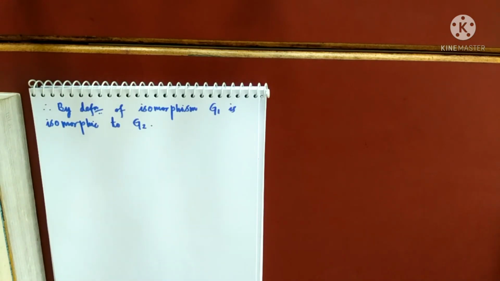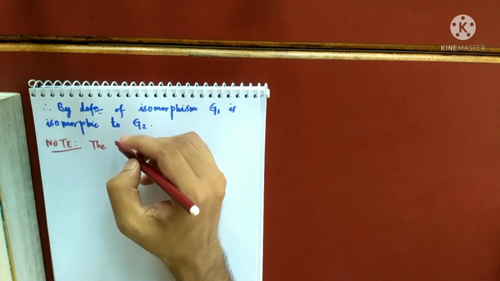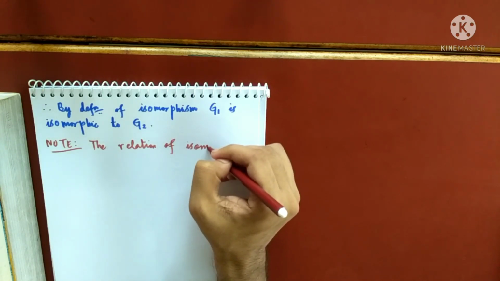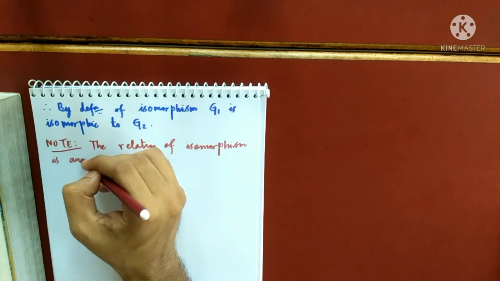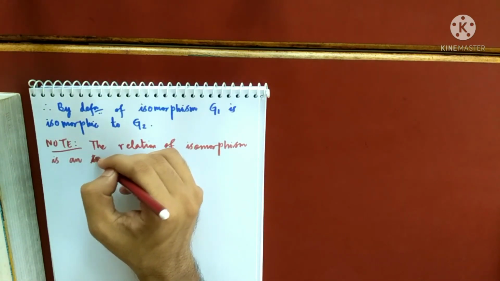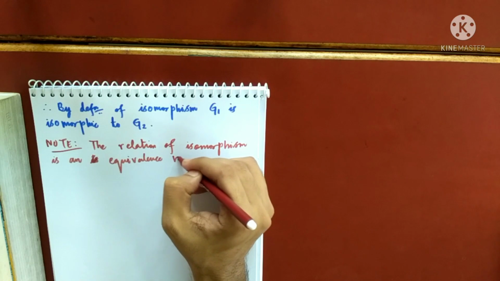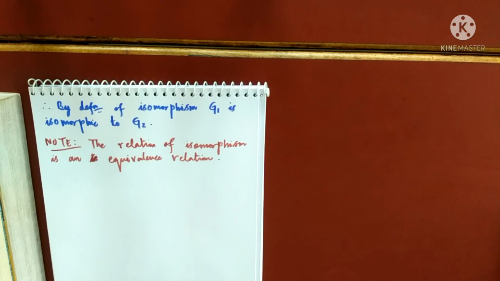So the relation of isomorphism is an equivalence relation. I'm not going into that detail. So instead of saying G1 is isomorphic to G2, we better say G1 and G2 are isomorphic. Okay, good enough.